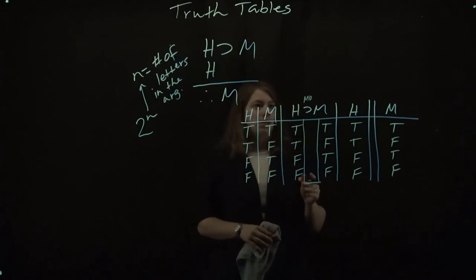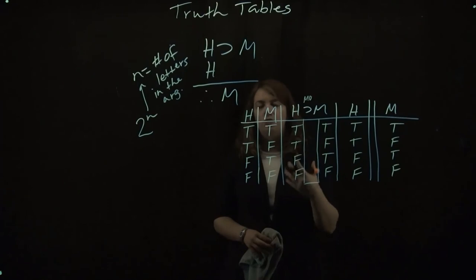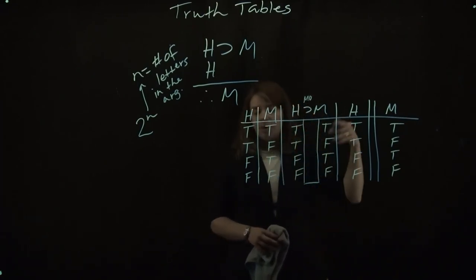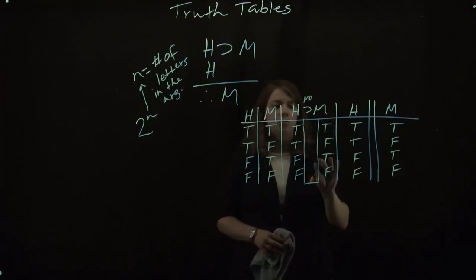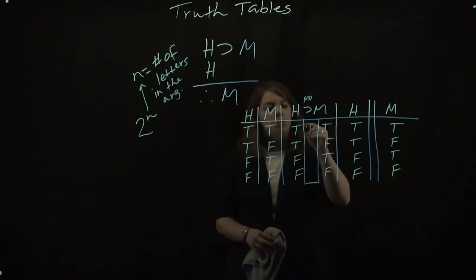Okay? So again, thinking back to our truth tables, and this is why those truth tables for the individual operators are so important, remembering the truth table for the conditional, for the horseshoe, we know that if it's true, horseshoe, true, that's going to be true.